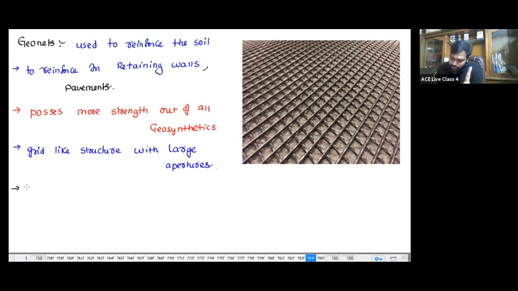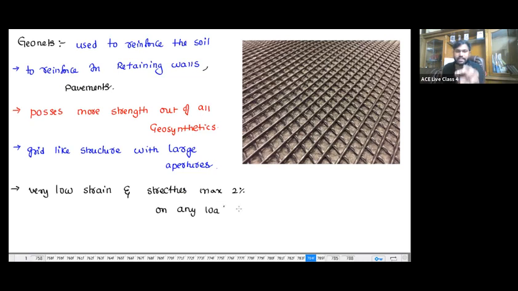Because it has very low strain and stretches a maximum of 2% on any load. What is the meaning of maximum 2%? The strain can be only a maximum of 2%.